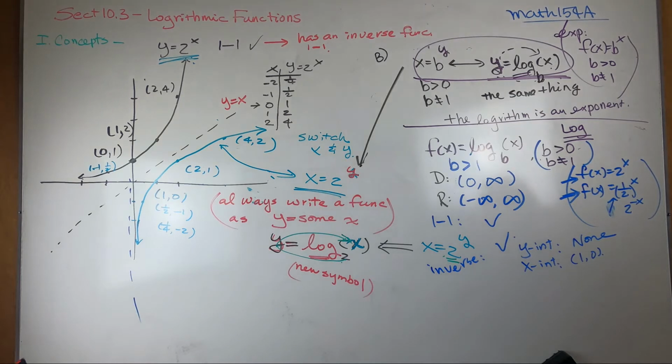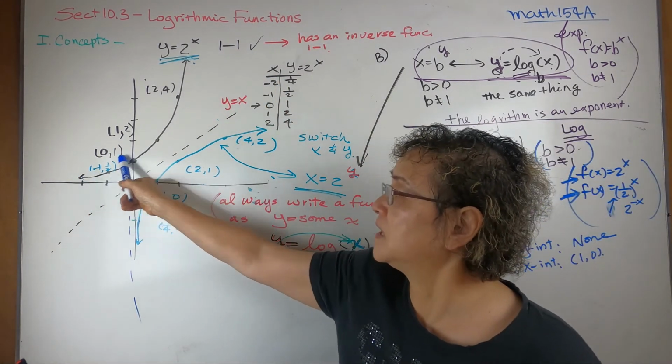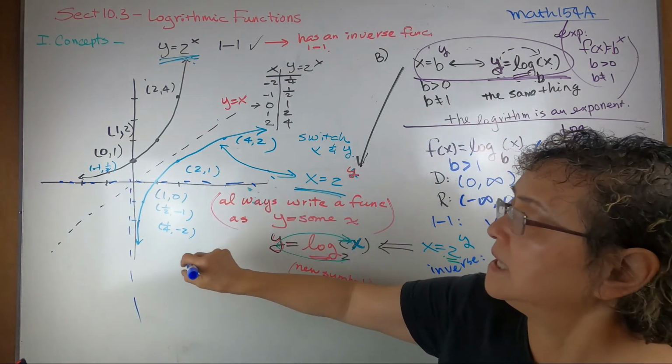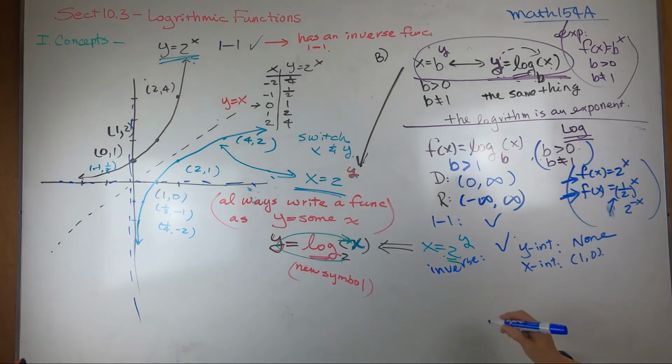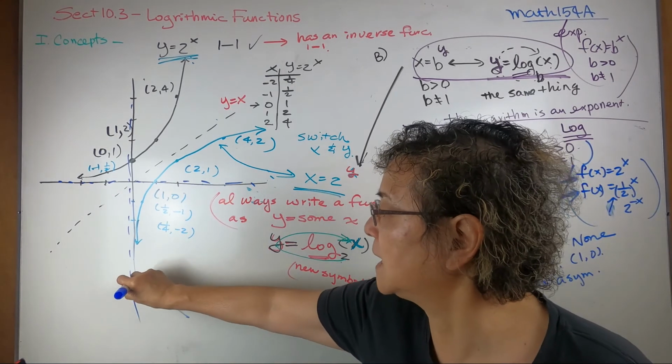And does it have an asymptote? It's a little bit different from the exponential function. For the exponential function you have a horizontal asymptote, but this one, you have a vertical asymptote. How do you describe this line?